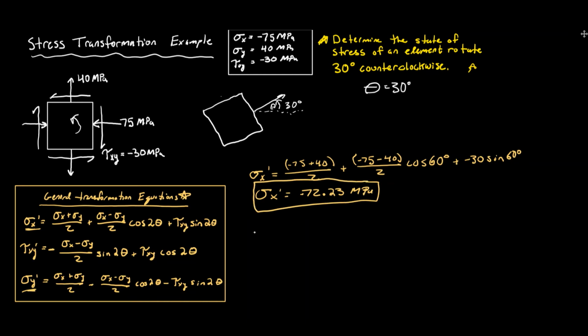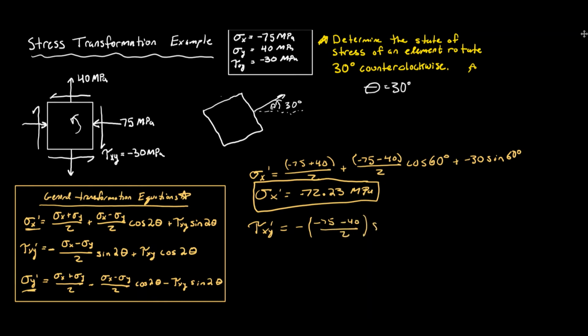We're also going to want to find our new shear stress, let's do shear stress first actually. That's tau xy prime. We have a negative out front, so it's a negative times negative 75 minus 40, divided by 2.